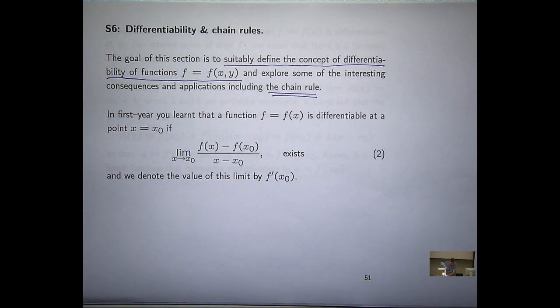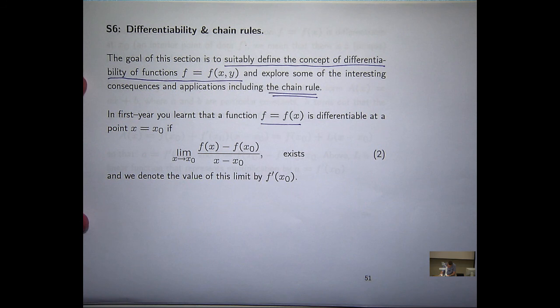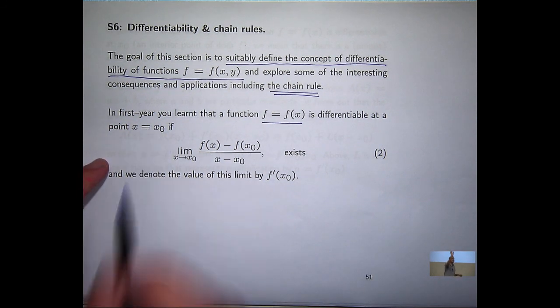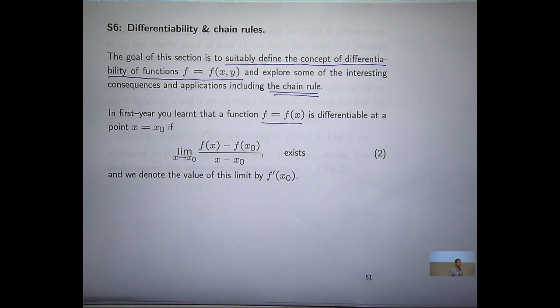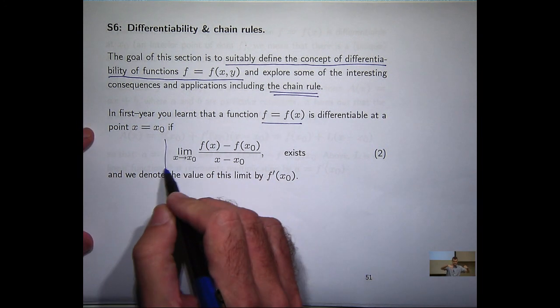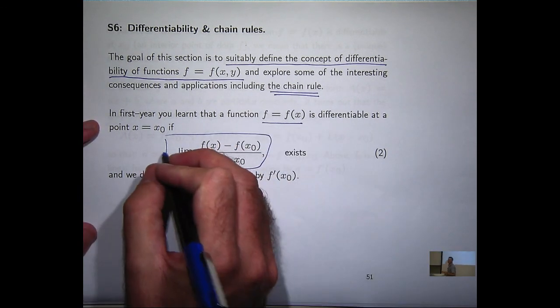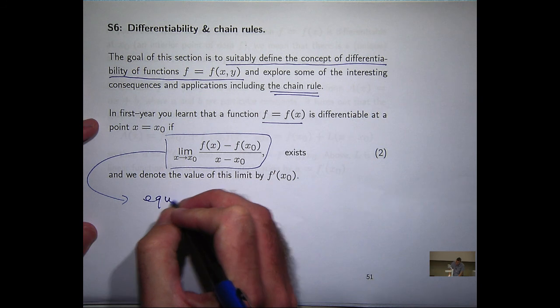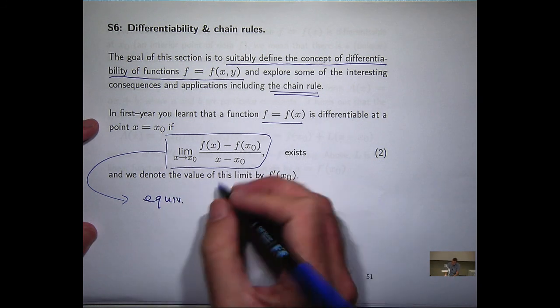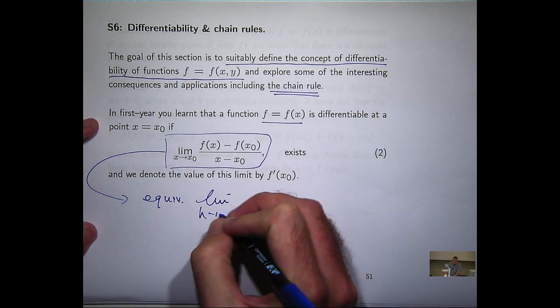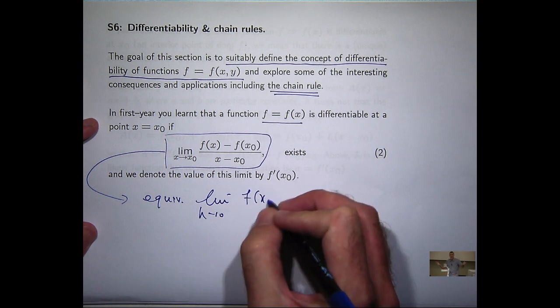Now, in first year, let's just think about what the concept of differentiability was defined to be. Well, essentially, suppose I've got a function of one variable. When we say that function is differentiable at a point x0, we mean that this limit exists. Okay, if you want to write this limit another way, you might have seen it like this.